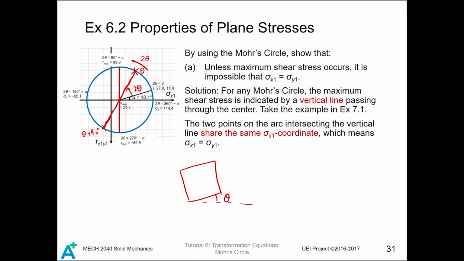Then by treating the stress element in this way in the Mohr circle, you will find that at this surface the direct stress is something like this, while at this surface the direct stress is something like this. They are different. They are always different until you draw a perfectly vertical line passing through the center of the Mohr circle. Then you will see that on every surface of the stress element they have the same direct stress, which is just the average direct stress.